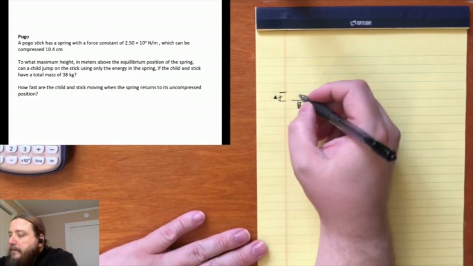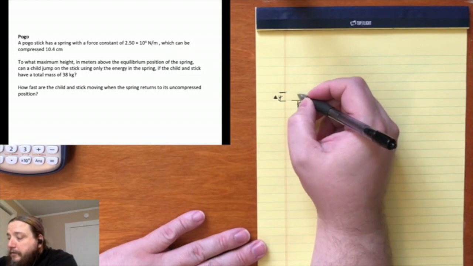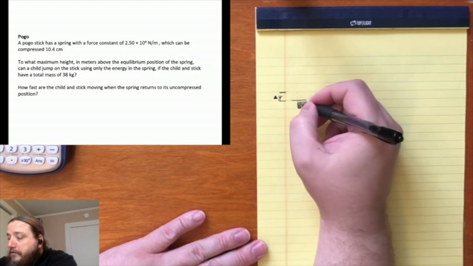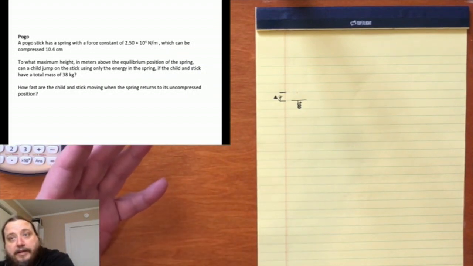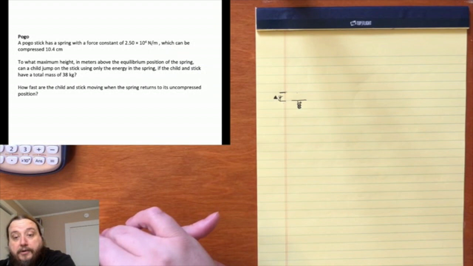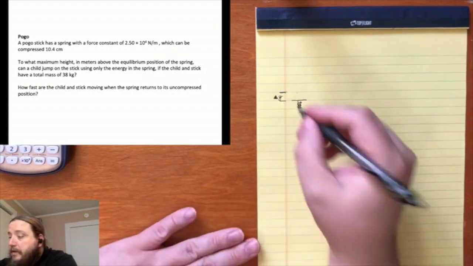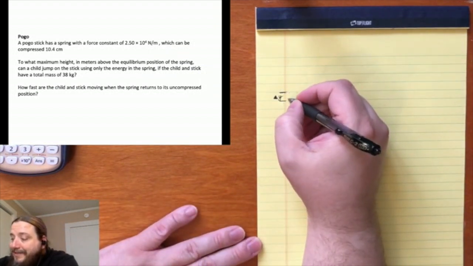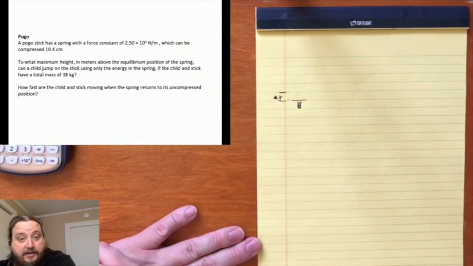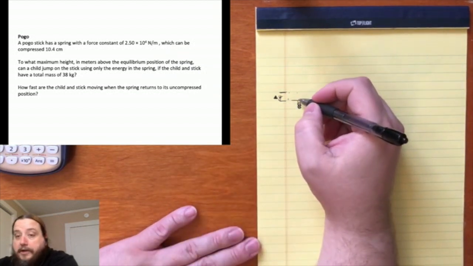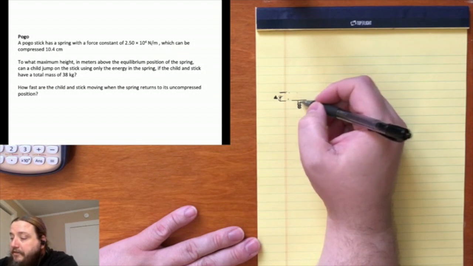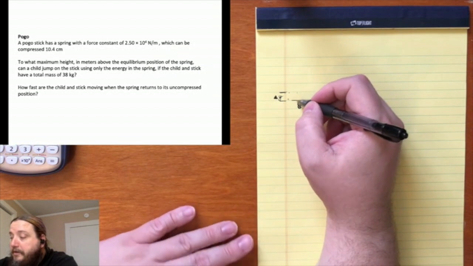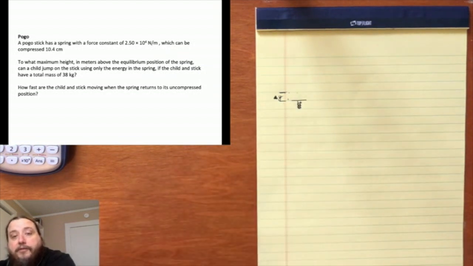And so in going from the uncompressed to the compressed, we are definitely engaging in some spring potential energy. But we also have to remember that the altitude here is changing. And so not only have we changed the spring potential energy, but we've also changed the gravitational potential energy.